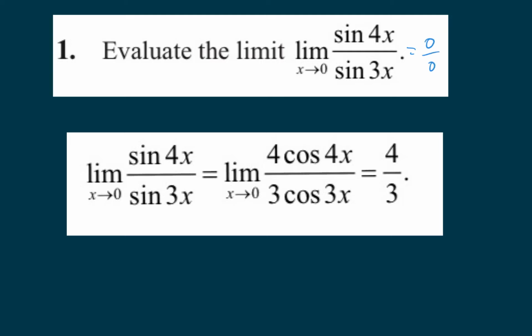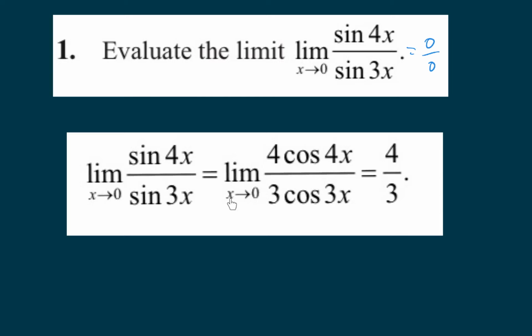What L'Hopital's rule says is that instead of calculating this limit, you can take the derivative of the numerator and divide by the derivative of the denominator and find the limit. So the limit when x goes to 0 of sine of 4x over sine of 3x is the same as the limit when x goes to 0 of the derivative of sine of 4x, which is 4 times cosine of 4x, divided by the derivative of sine of 3x, which is 3 times cosine of 3x.